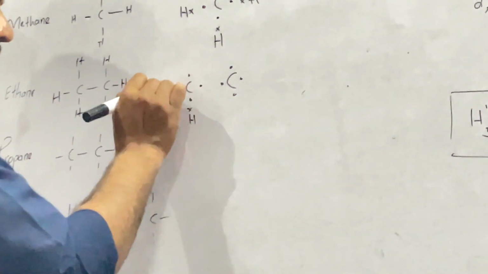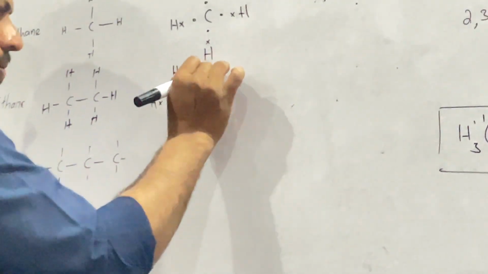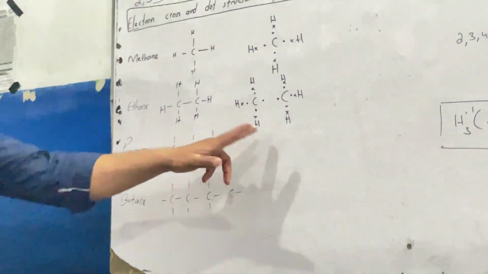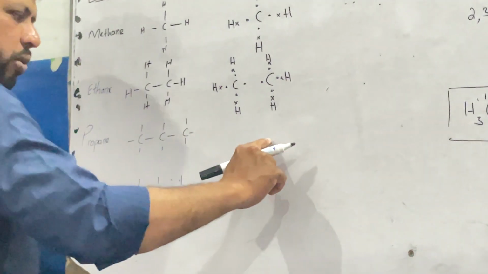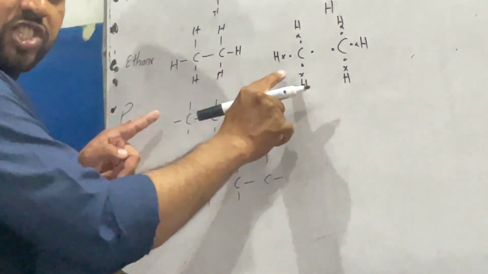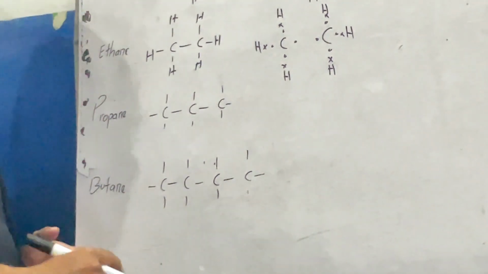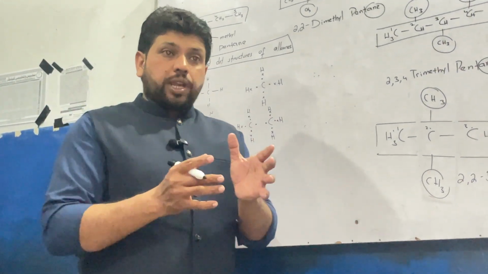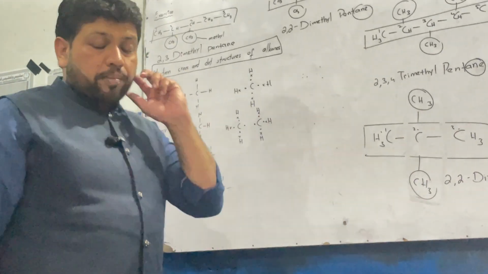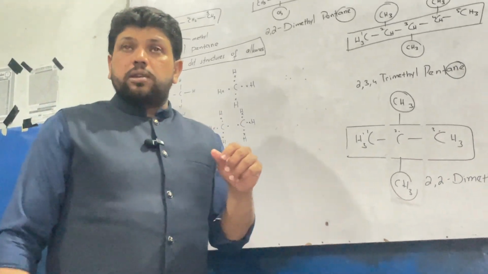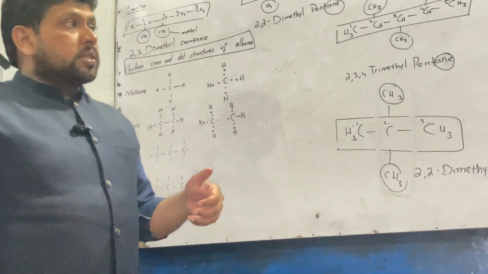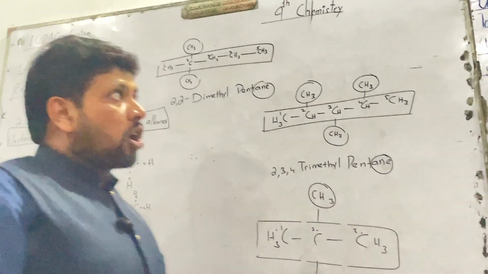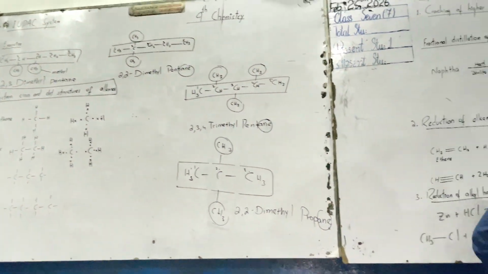Is it clear? Similarly, you have to follow the same rule for propane, butane, pentane, hexane, heptane, or any other molecule, not only organic but also inorganic ionic compounds, for example ammonia, sulfuric acid, or any other molecule related to hydrocarbons as well as inorganic compounds. Okay, let's move to another topic, which is related to the preparation of alkanes.